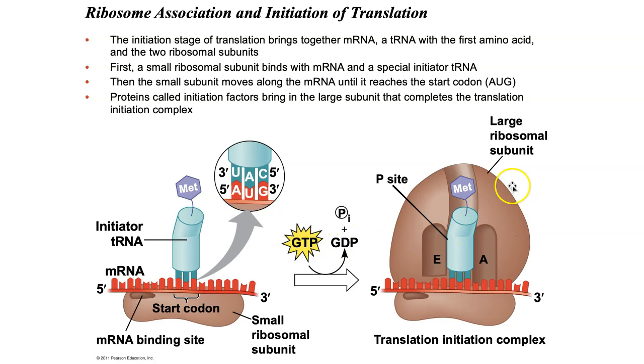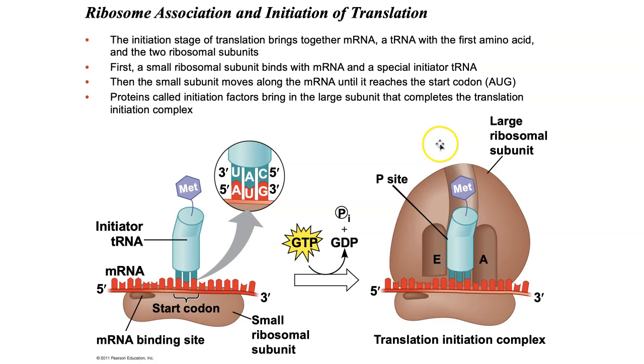The large ribosomal subunit is able to click on to the small ribosomal subunit, and now we would be ready to continue the translation process. That large ribosomal subunit was brought in using proteins called initiation factors. So just note that in your notes.